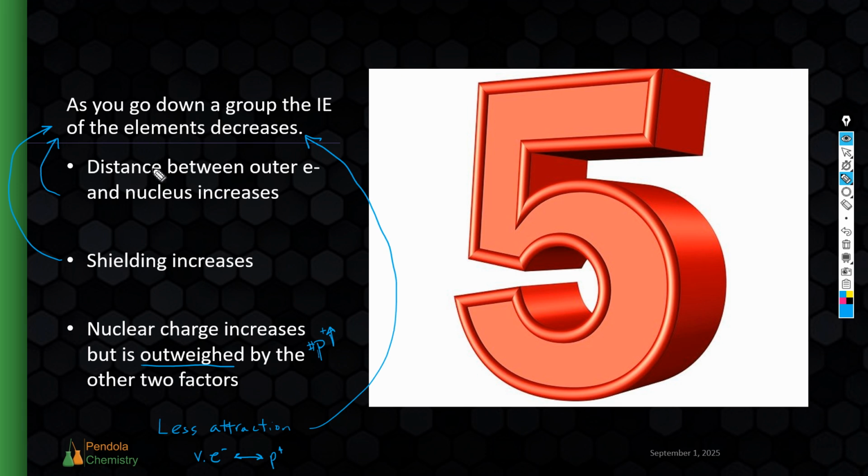Again, shielding and distance are increased as we go down the group because of added energy levels. Those outweigh the increase in number of protons and in nuclear charge. And so the lower attraction means that the electrons are less attracted to the proton, and so the ionization energy is going to decrease. So that's the fifth and final one.